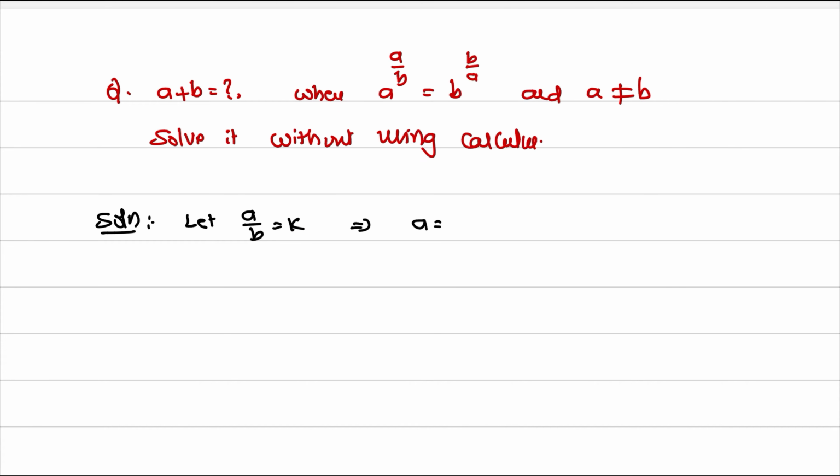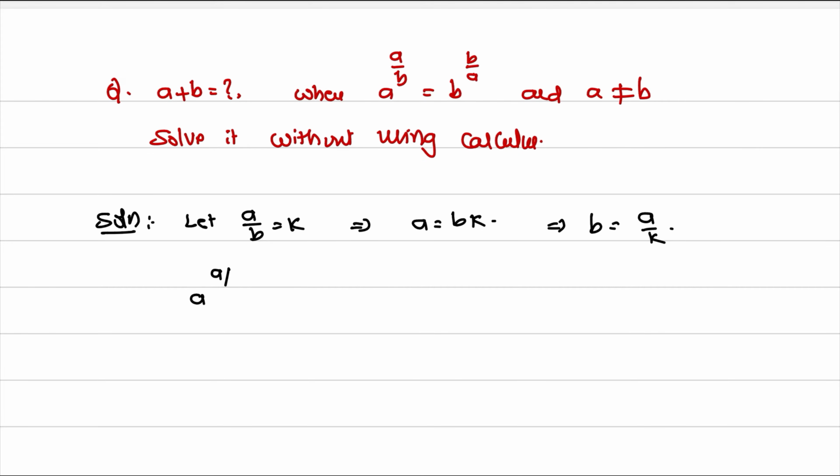That implies a is equal to b into k, which implies b is equal to a by k. Now let us replace these values in the original equation.